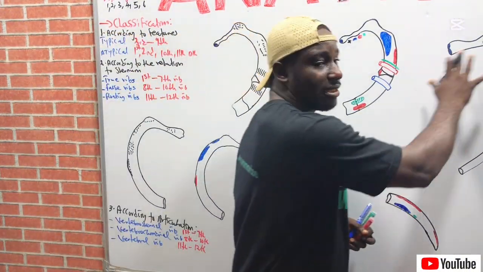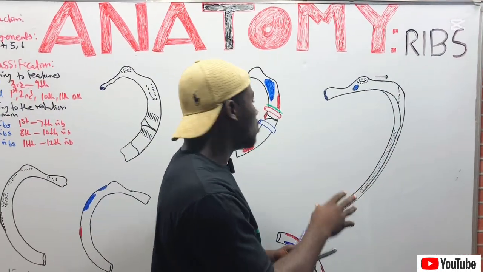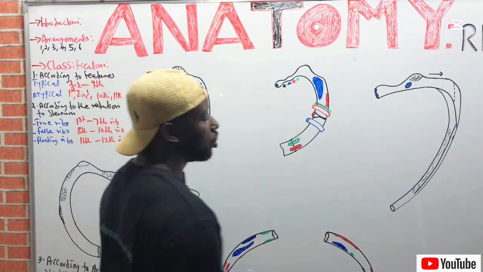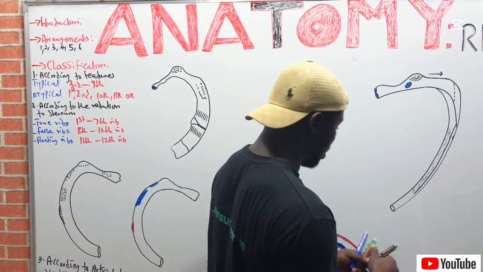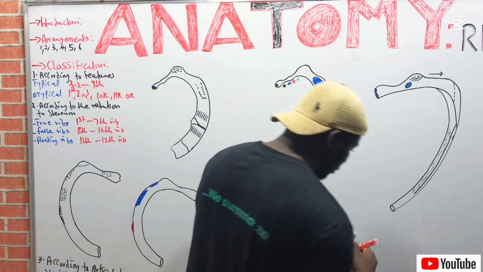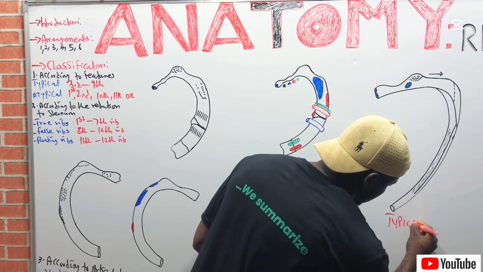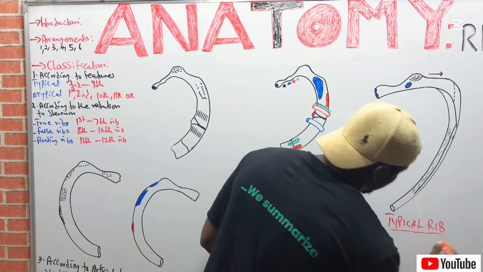Look at this diagram here. This diagram depicts the typical rib, whereas every other diagram here depicts the atypical ribs.